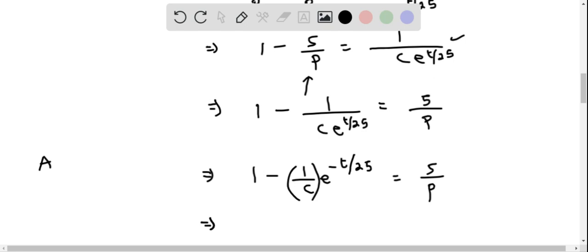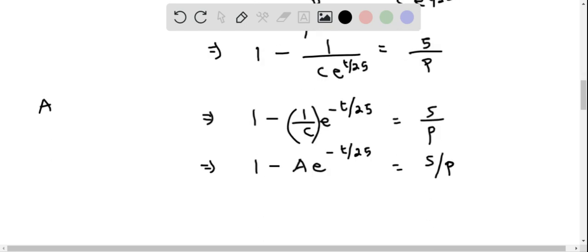So therefore we can write this equation as 1 minus a times e raised to the power of negative t by 25, and this equals 5 by p. We multiply both sides by p, we get p times this quantity, that is 1 minus a e raised to the power of negative t by 25, and this equals 5.